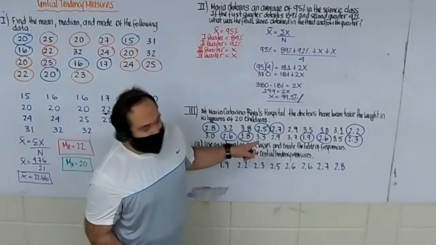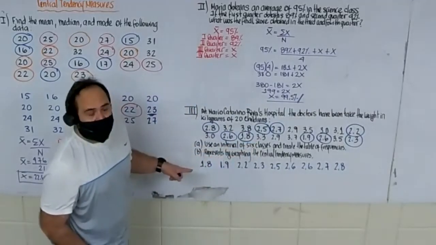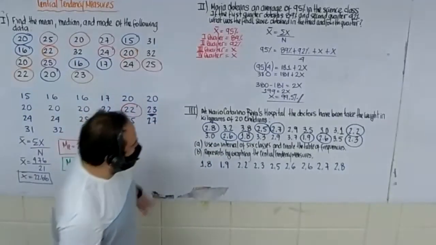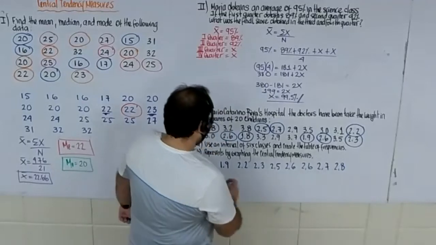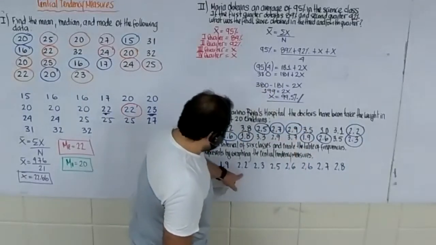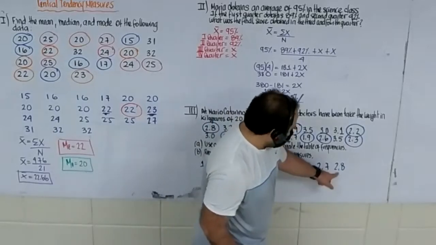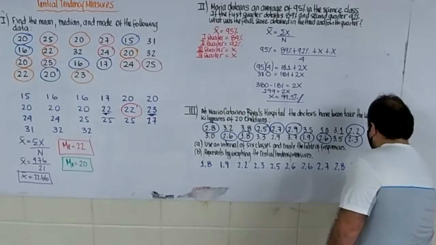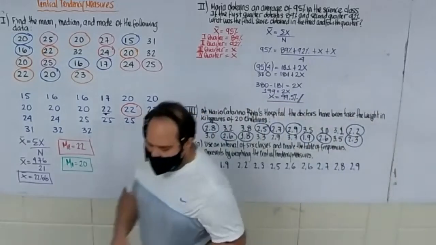Is the class being recorded? 2.8. 2.9 twice, right? Okay, 1, 2, 3, 4, 5, 6, 7, 8, 9, 10. 2.9, I'm going to use the red marker.